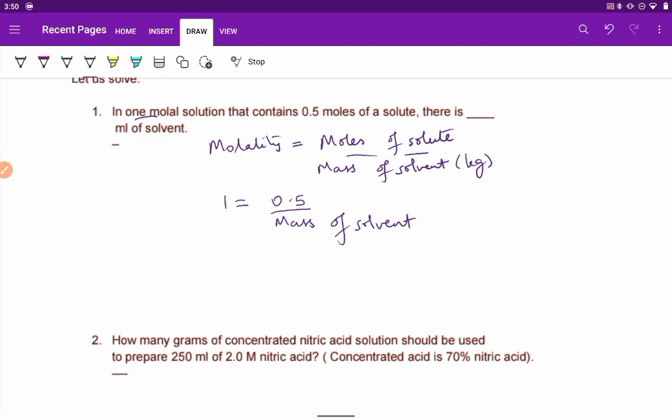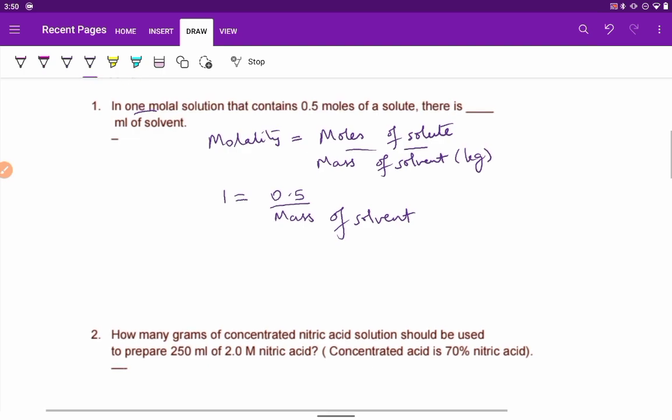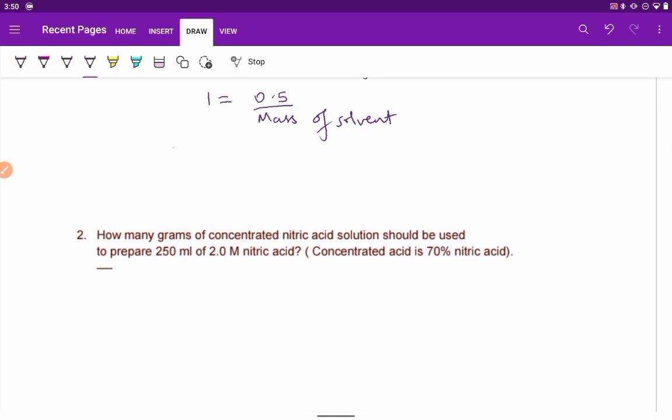So from this we can get that mass of solvent equal to 0.5 kg. From this equation we get that mass of solvent equal to 0.5 kg. Okay. Now let's go to the second question. I hope you all could understand this one which I solved just now.